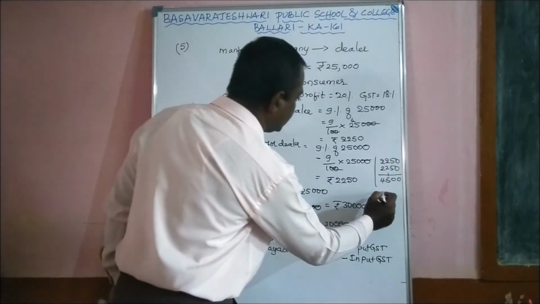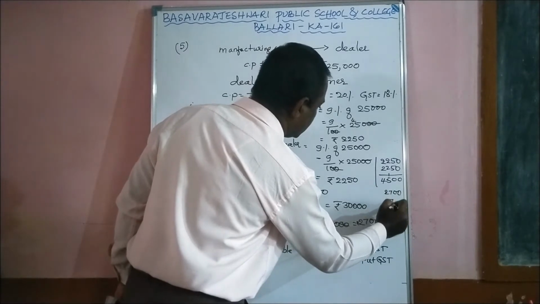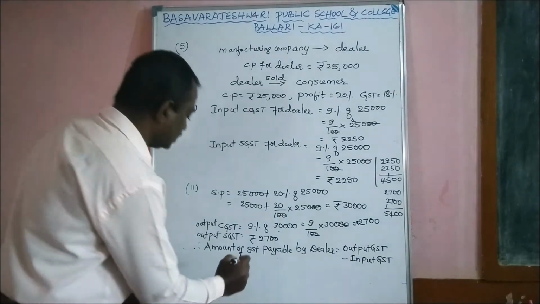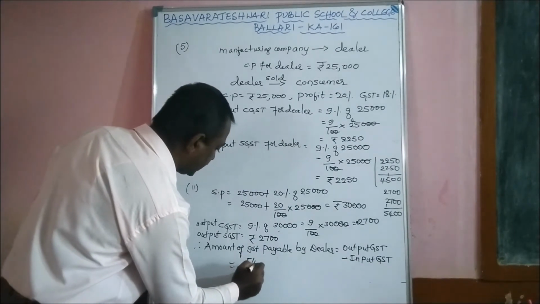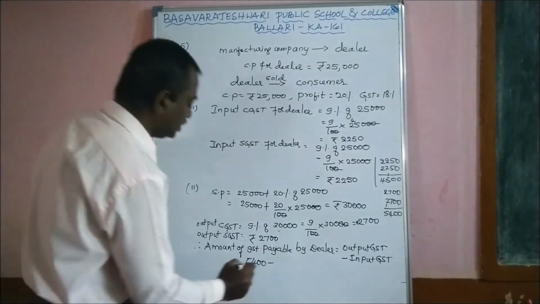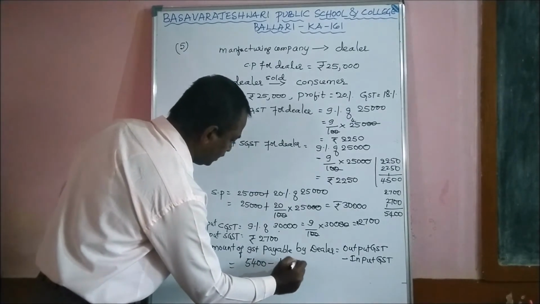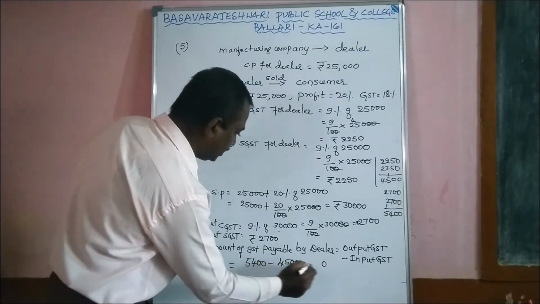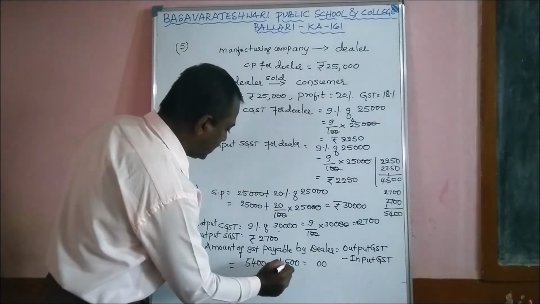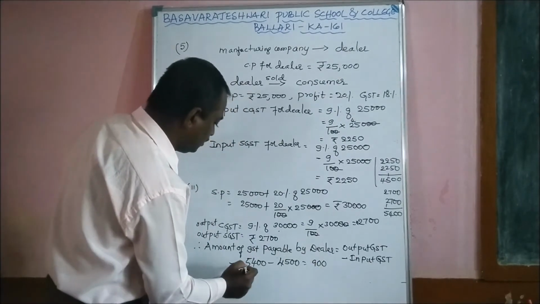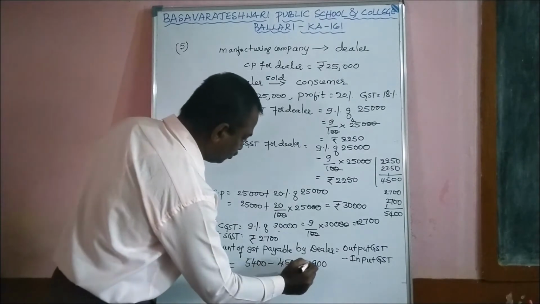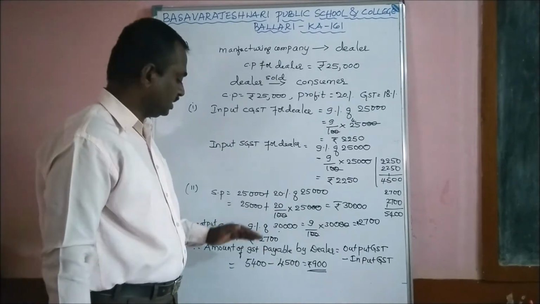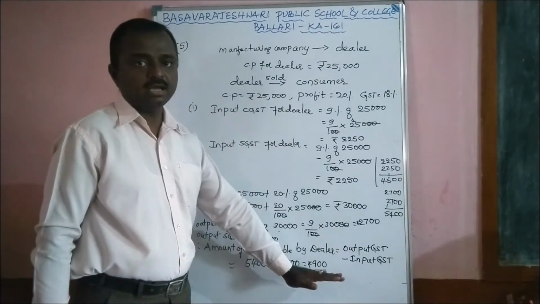Now output GST: 2,700 plus 2,700, that is 5,400. So output GST is 5,400 minus input GST 4,500. So the remaining amount: 0, 0, 14 minus 5 is 9, and 4 minus 4 is 0. So rupees 900 is nothing but the GST paid by the dealer to the government.